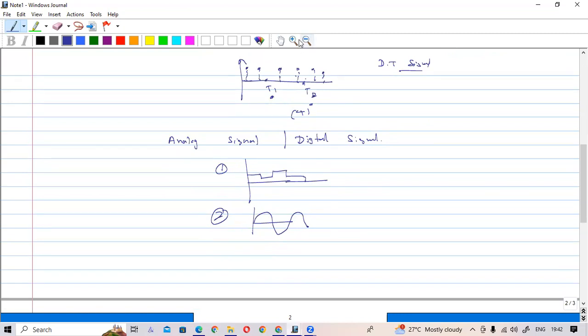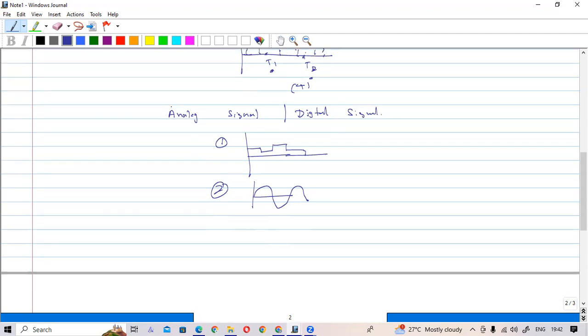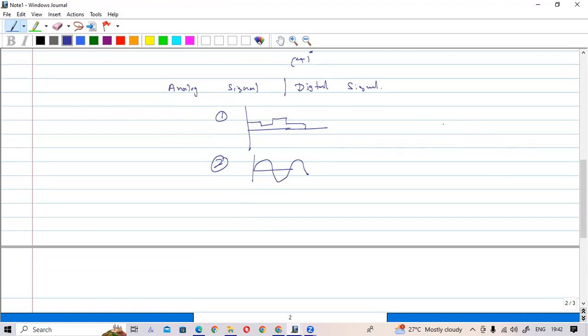Which one is the analog signal and which one is the digital signal? This one is the analog signal and this one is the digital signal. Thanks for the answer.